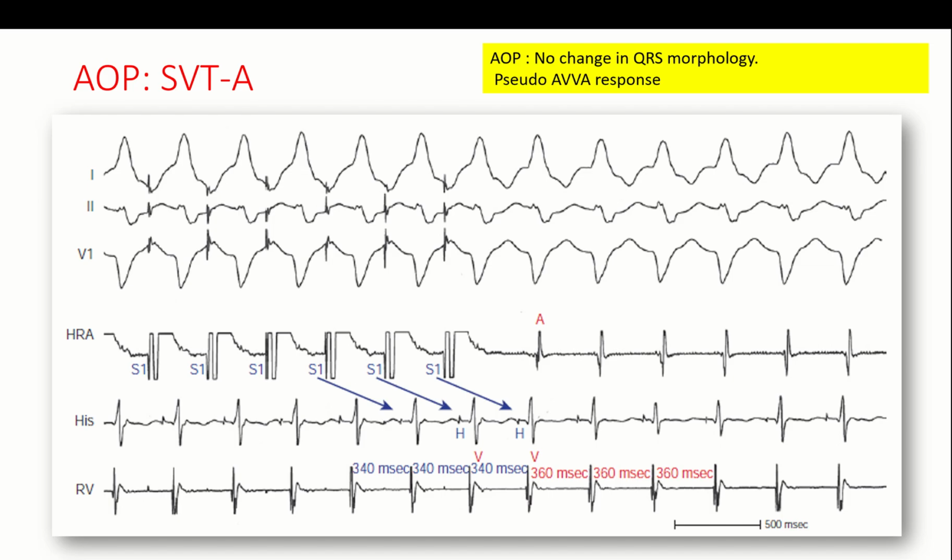Look at the last atrial paced beat, this one, then the next last ventricular capture beat. So this paced beat has captured this ventricular beat, so the response is AVA response. And to confirm this, look at the cycle length, 340. It is the same as the one we pace at, 340.